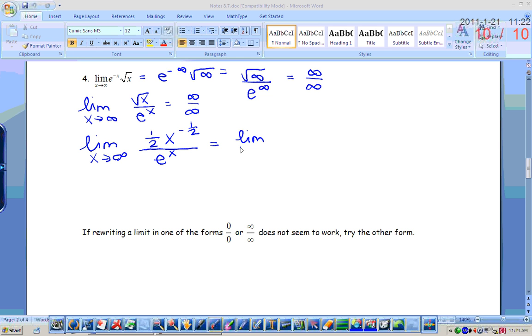Before I start plugging things in, I'm going to rewrite this as 1 over 2 e to the x, x to the 1/2. Especially when you have limits as x approaches infinity, I prefer to not use negative exponents. So if x is approaching infinity, what is that limit?